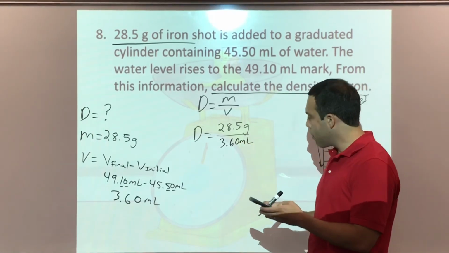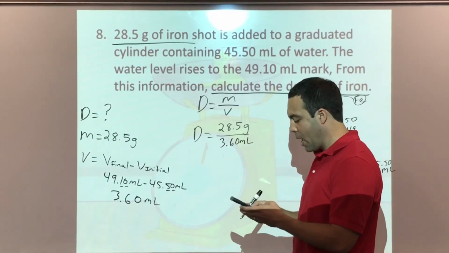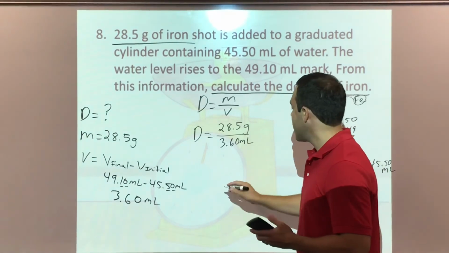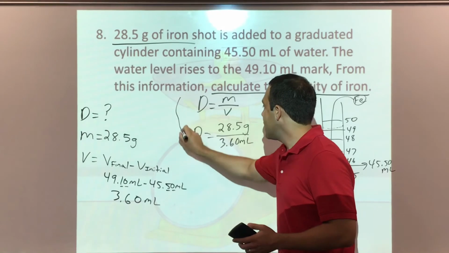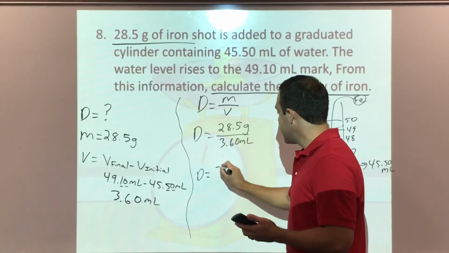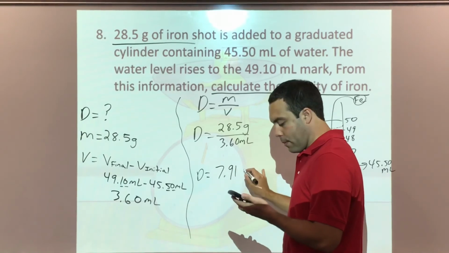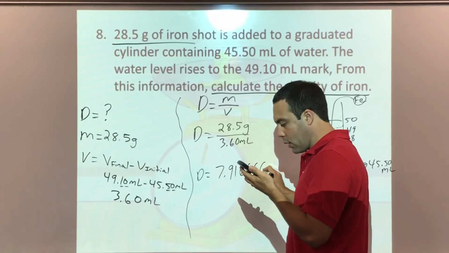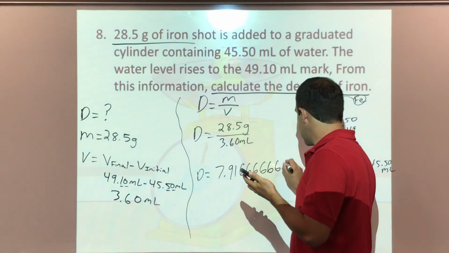We punch those numbers in the calculator, 28.5 divided by 3.60, and we get a very long number that comes out of the calculator. Our density is going to equal 7.916666667.